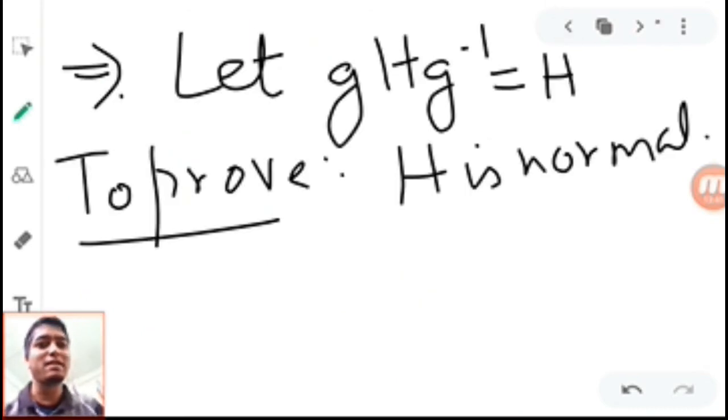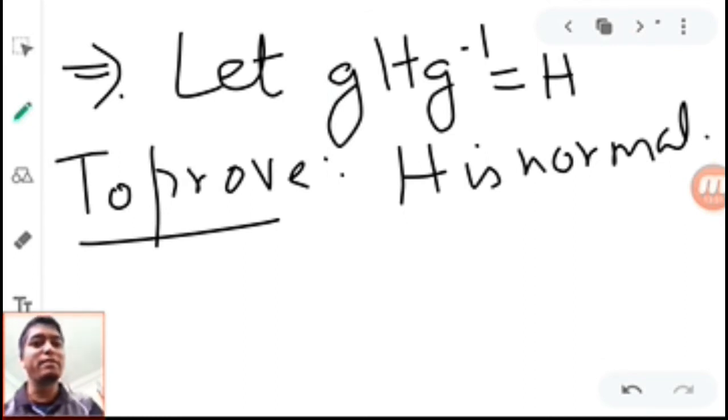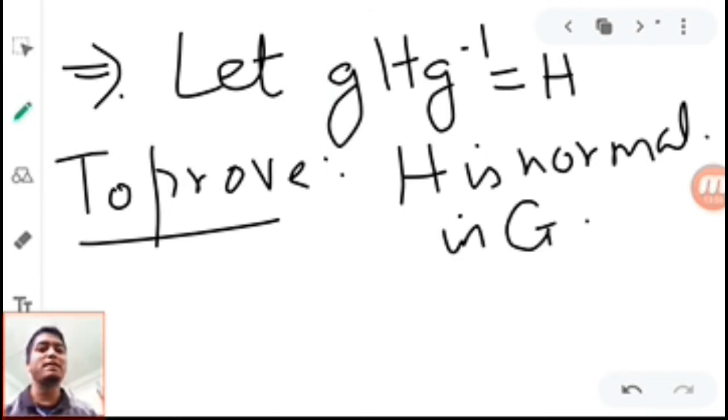Now let us get back to the proof. We have to prove that H is normal in G. If we have to prove that H is normal in G, we always follow a procedure. First of all, we have to show that H is a subgroup, and the second part will be proving the normal condition.